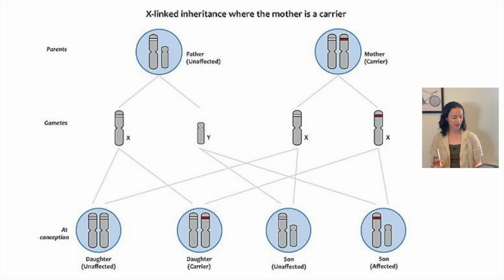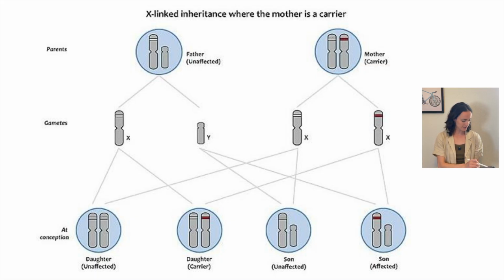Okay, next up we have X-linked inheritance. And this is often looked at from the perspective of when there's a recessive trait that can cause certain disorders like color blindness. So for example, color blindness is X-linked and it's recessive.